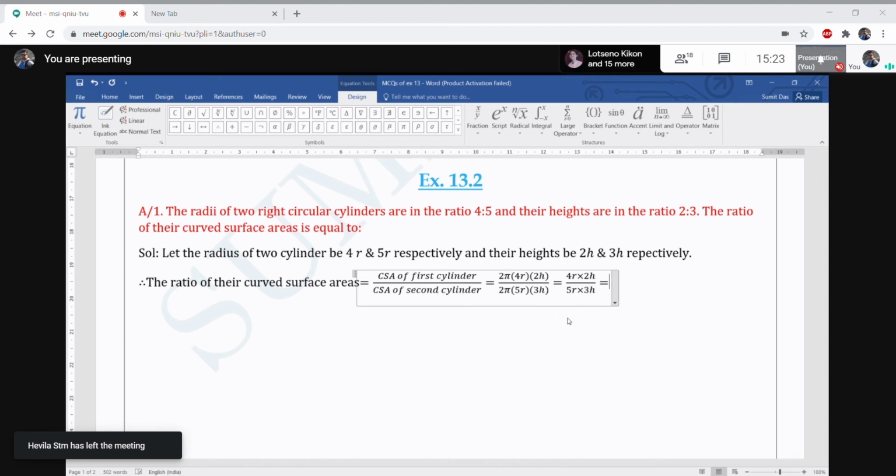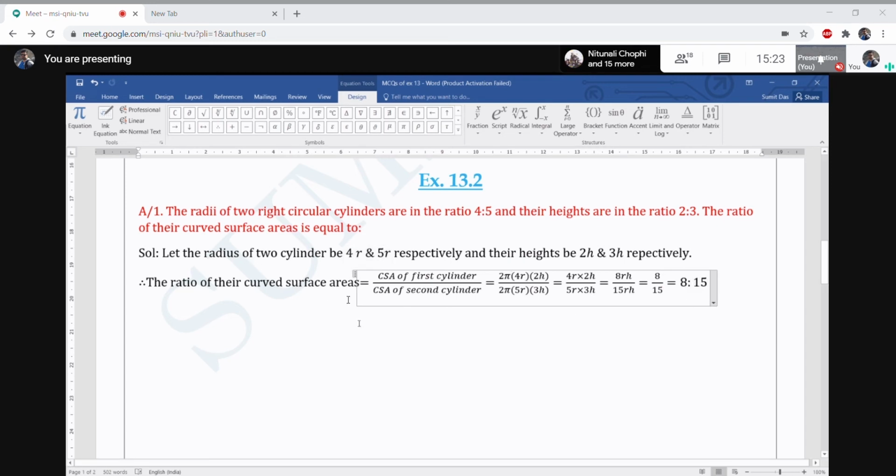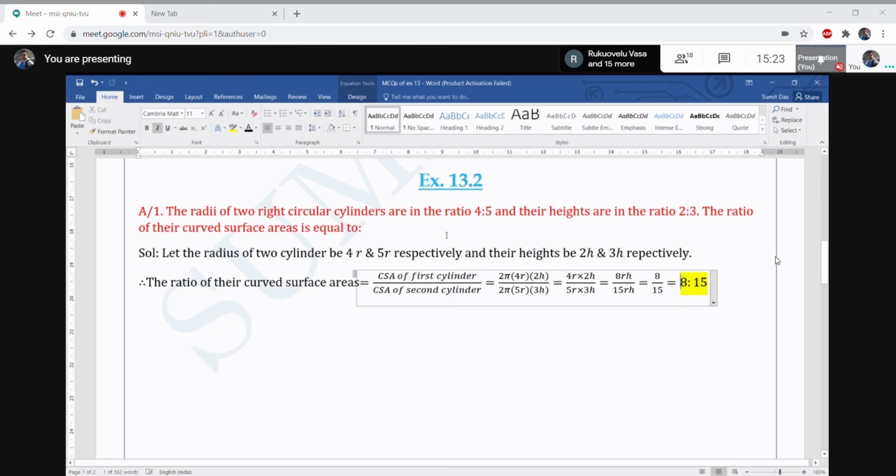If you simplify this, it will be 8rh divided by 15rh, which is equal to 8 by 15. The ratio will be 8:15. That's our answer. So option A is correct.